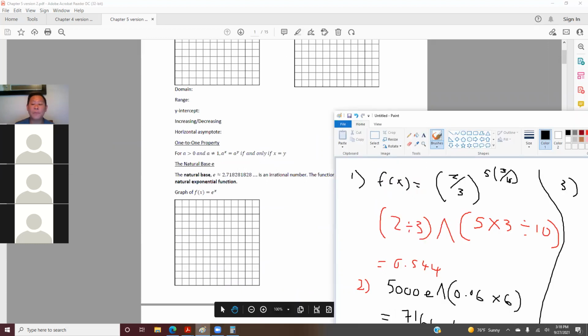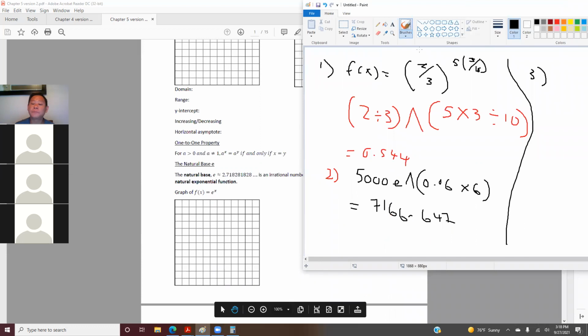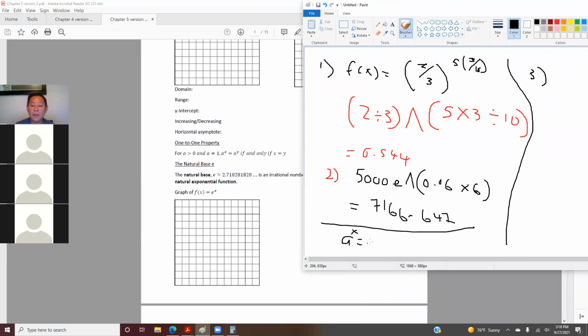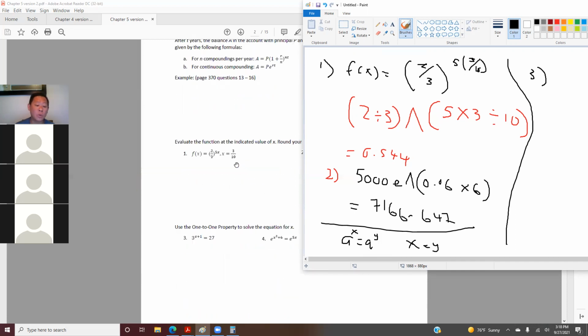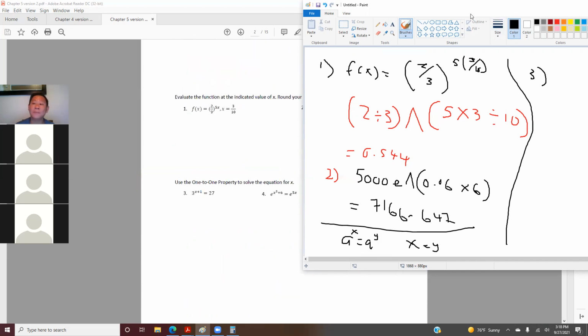For example, a^x equals a^y if and only if x equals y. So if your base is the same, then your power should be equal. If you want to use the one-to-one property, you have to make the base the same.